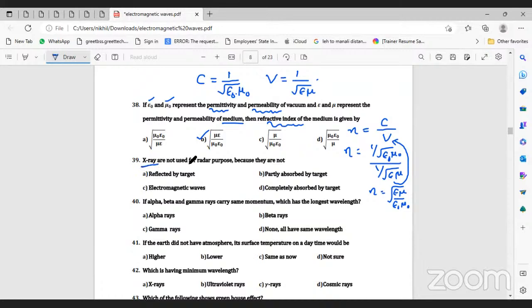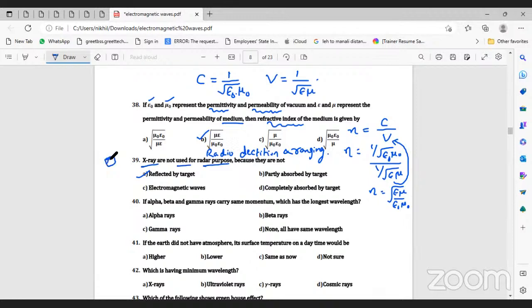X-rays are not used for radar purposes because they are not reflected by the target. Radar means radio detection and ranging, which is used to measure long distances.